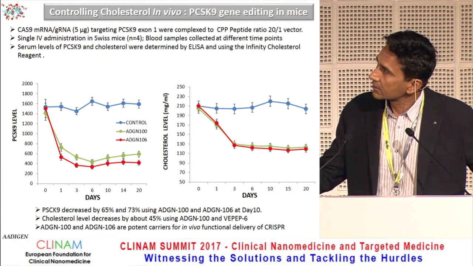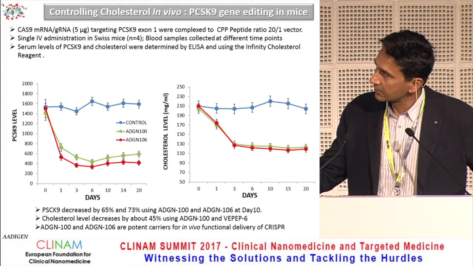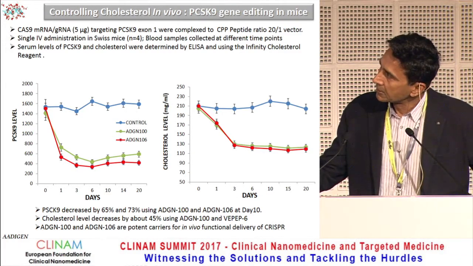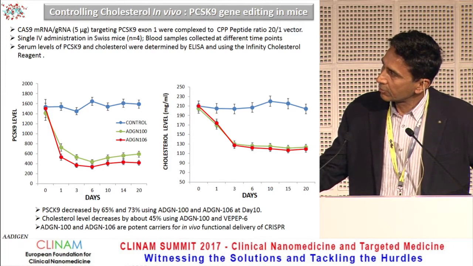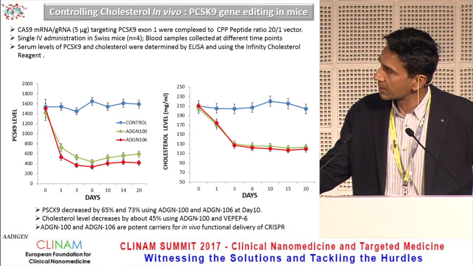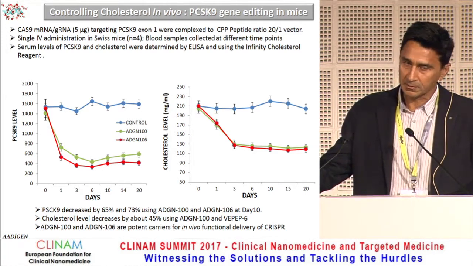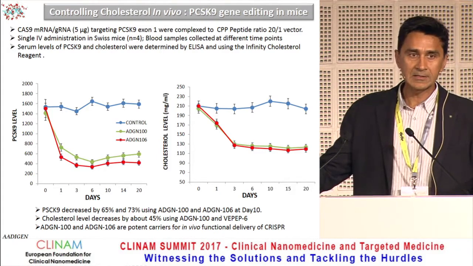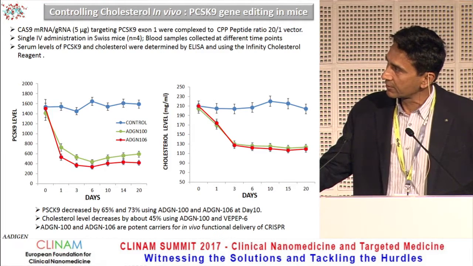And so here's the PCSK9 level in these mice over time. And then when they're treated with a single injection we use 2 different peptides just to see how it would work. And you see a pretty good drop in the PCSK9 signal, which is maintained out to the length of the experimental time, which was about 20 days.